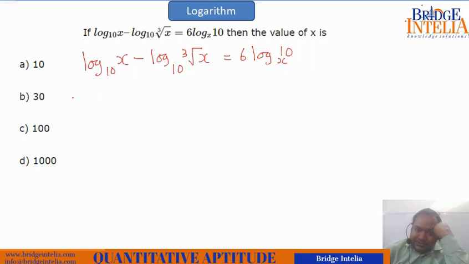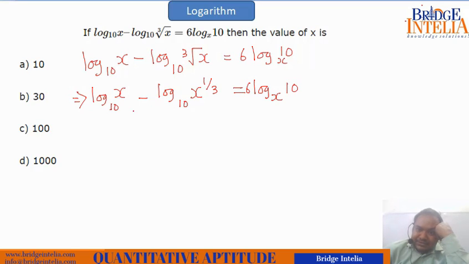So let's see. This can be rewritten as log x to the base 10 minus, cube root of x can be written as x to the power 1 by 3. So this is given to us as log of x, 6 times this much. So now see, you can apply the division rule here.